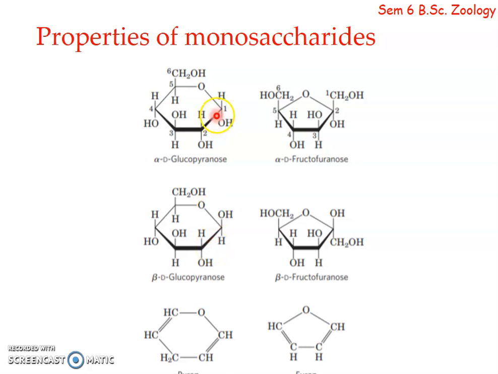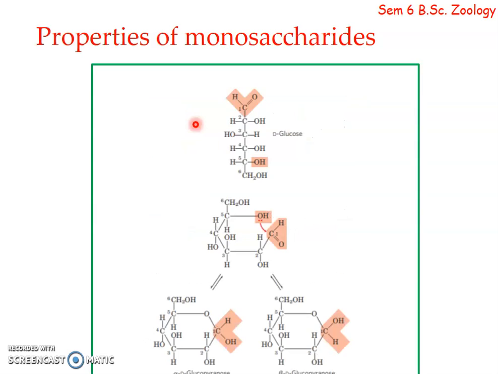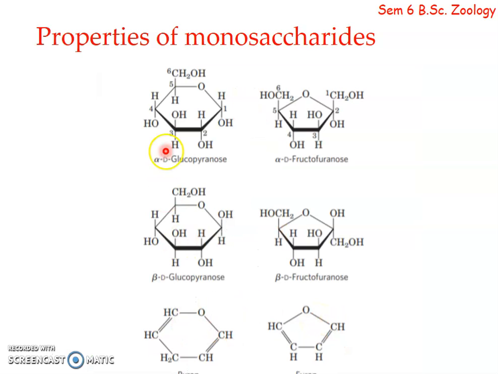It is D-glucopyranose because the pyranose structure started from a D-glucose linear chain. So you can see the D-glucose linear chain has resulted in the glucopyranose structures during the cyclization process. So this is D-glucopyranose.